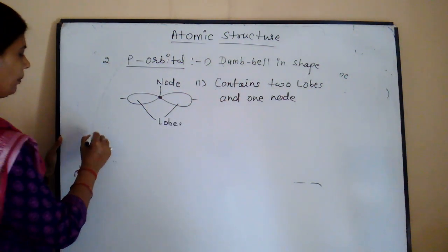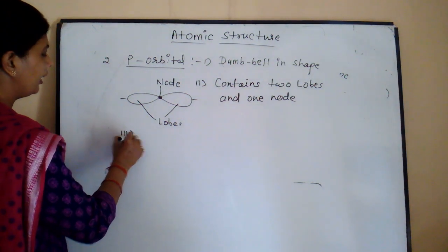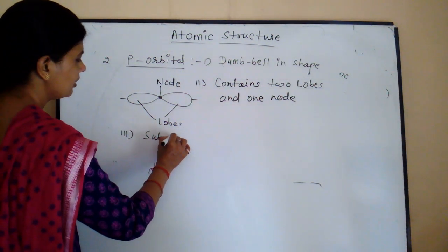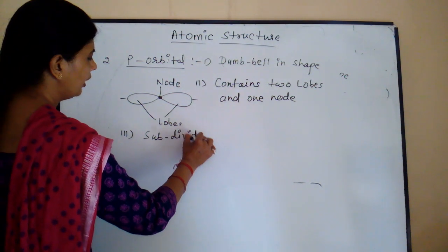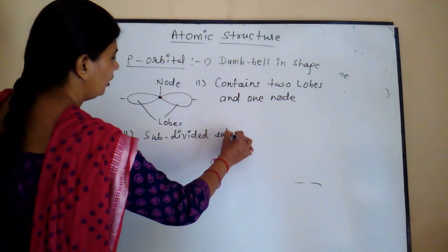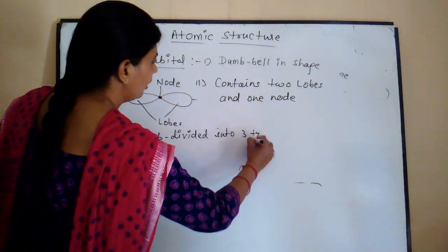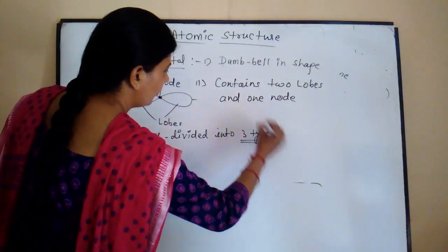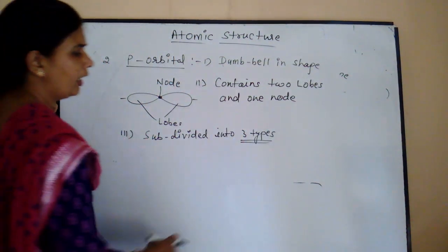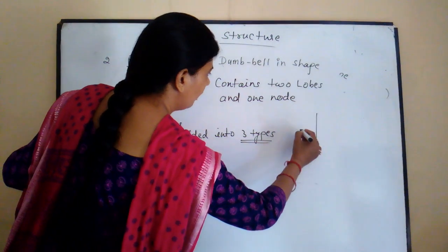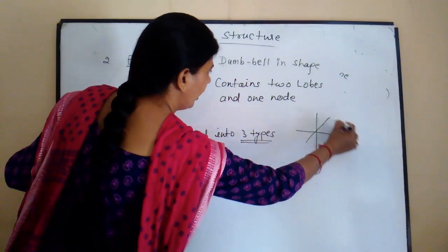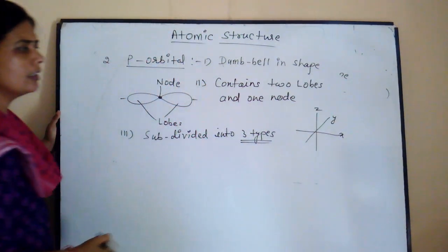Now further, p orbital is subdivided into 3 types, depending upon the type of axis. Generally we consider 3 axes: x, y, and z.